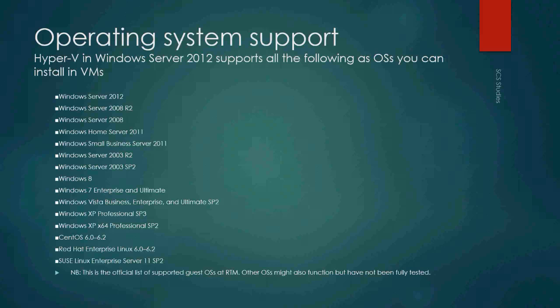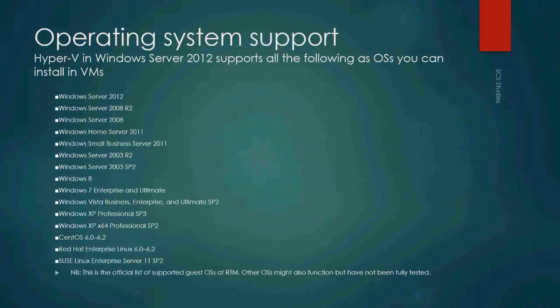Windows Server 2012 Hyper-V supports Windows Server 2012, Windows Server 2008 R2, Windows Server 2008, Windows Home Server 2011, Windows Small Business Server 2011, Windows Server 2003 R2, Windows Server 2003 SP2, Windows 8, Windows 7 Enterprise and Ultimate, Windows Vista Business, Enterprise and Ultimate SP2, Windows XP Professional SP3, Windows XP 64-bit Professional SP2, CentOS 6.0 to 6.2, Red Hat Enterprise 6.0 to 6.2, SUSE Linux Enterprise 11 SP2.